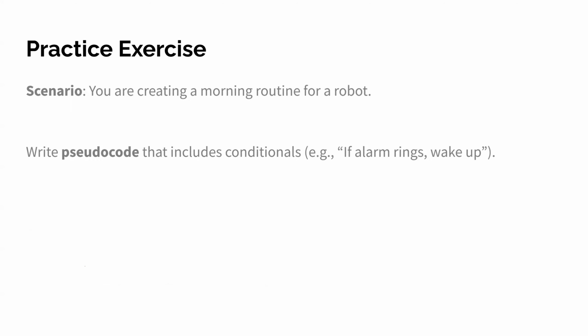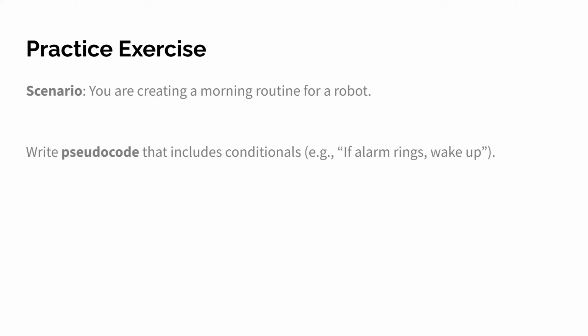Okay, finally, we have a scenario. You are creating a morning routine for a robot. So write pseudocode that includes conditionals for the robot. The morning routine is basically waking up, brushing teeth, breakfast, and so on.